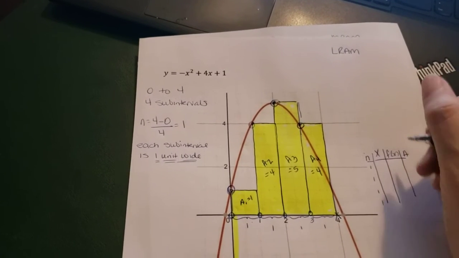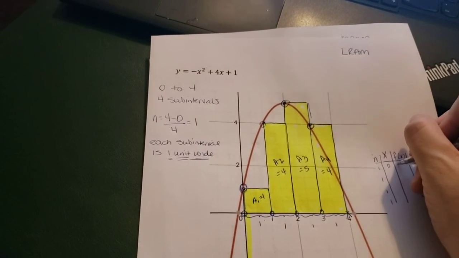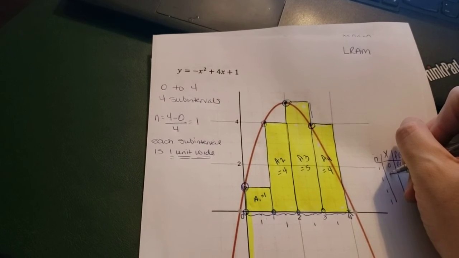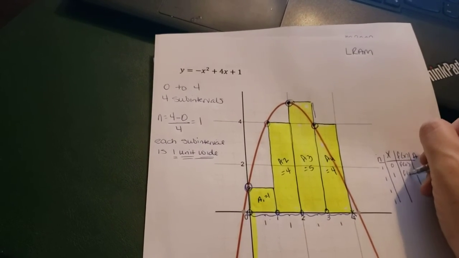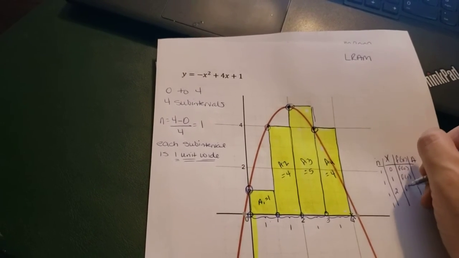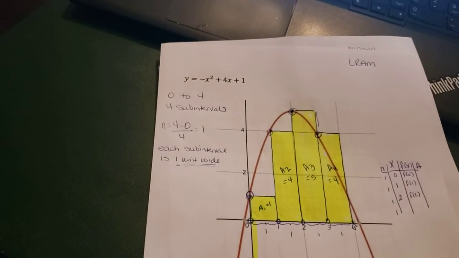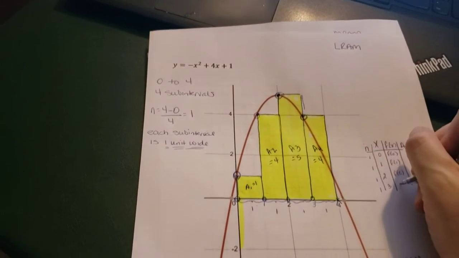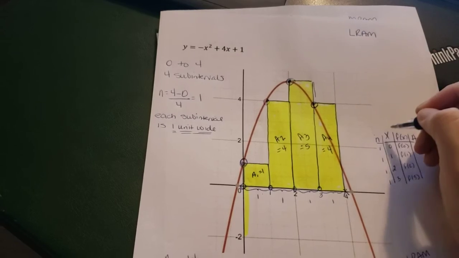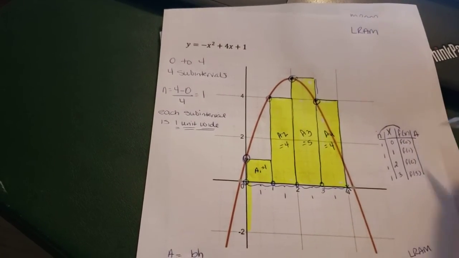For the first one, our x coordinate that we used was 0, so we would use f of 0. Our second one was 1, so we would have used f of 1. And 3, we would have used f of 3. And then we would take whatever we get for these two and multiply.